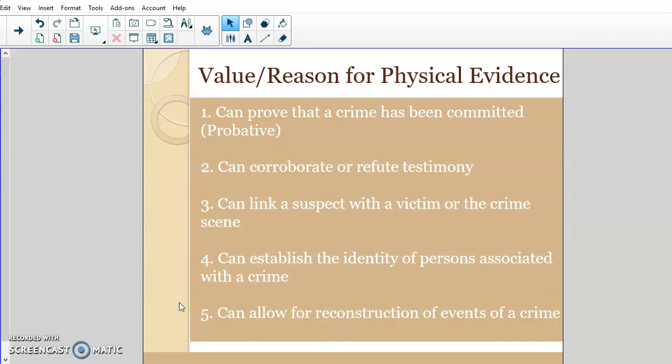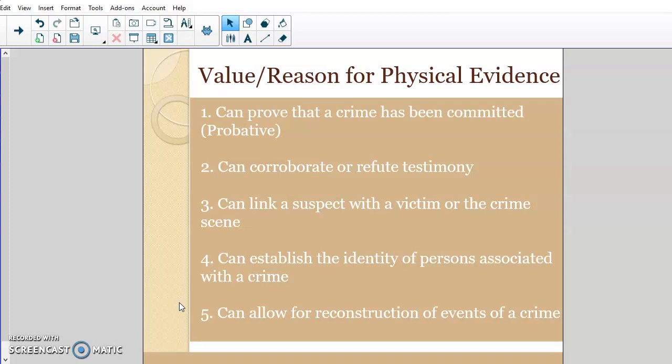So if you have an eyewitness account of what happened, the physical evidence can either say, yes, the physical evidence is agreeing with exactly what the eyewitness said. Everything that we have for physical evidence matches what the eyewitness said, or it can refute it. No, what the eyewitness is saying is not matching our physical evidence. It can link a suspect with the victim or the crime scene. So we can use it to help link a suspect to a crime scene or to a victim.